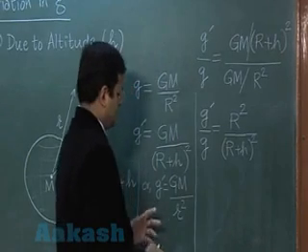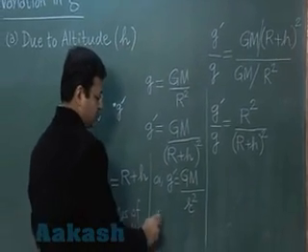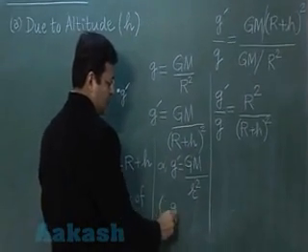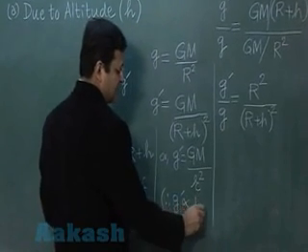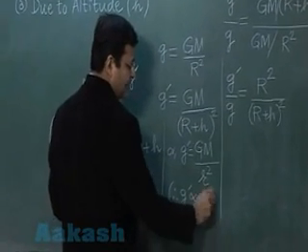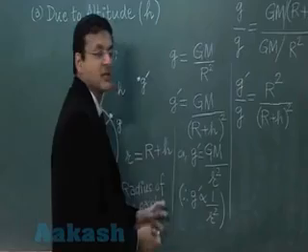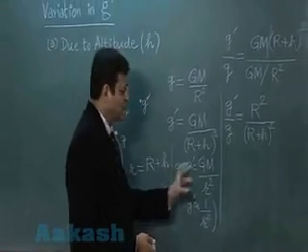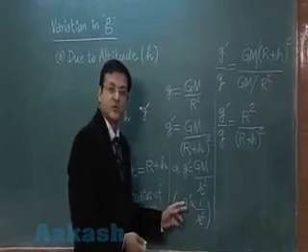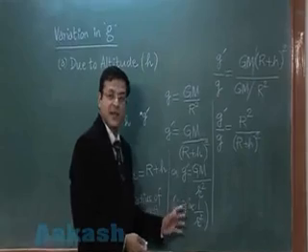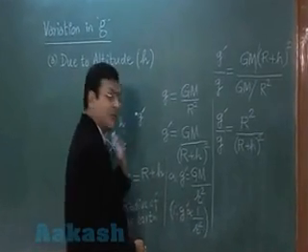In general, acceleration due to gravity is proportional to 1 by r square, so it decreases parabolically as you go above the surface of the earth.